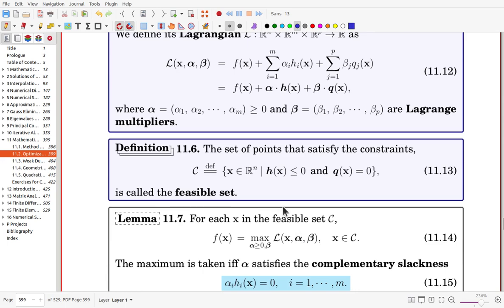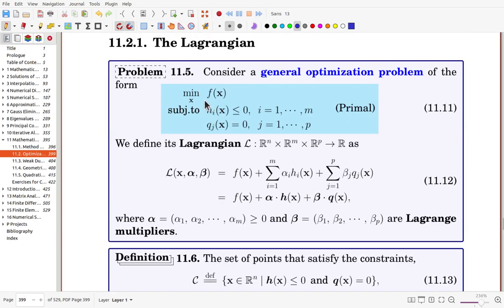Now we define the feasible set C. The feasible set C is the collection of x such that the constraints are satisfied. So when you try to minimize f of x, x must be chosen from this set.